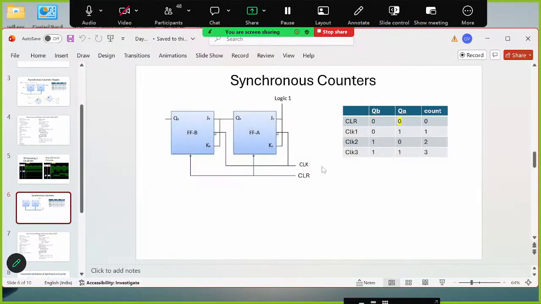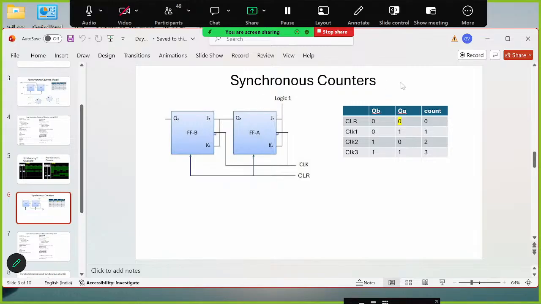Similarly, we also focused on synchronous counters. There is a difference between asynchronous and synchronous counters. In asynchronous counters, the clock pulse of the first flip flop is given by the clock, but the clock pulse of the second flip flop would be the output of the first flip flop.